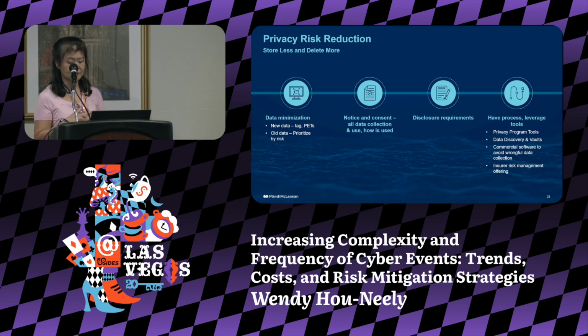There's also differential privacy, adding random noise to your data so the statistics don't change, but it obscures individual records. There's anonymization and pseudo-anonymization. Those are some of the PETs that you can use.